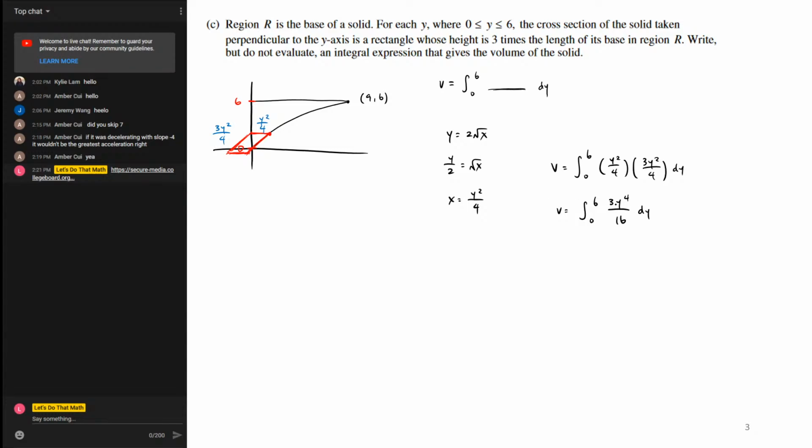You can even write it so that 3 and 16 come out just a little bit nicer. And it doesn't ask us to evaluate that, right? Although it wouldn't be hard to evaluate this. They just wanted to set it up.